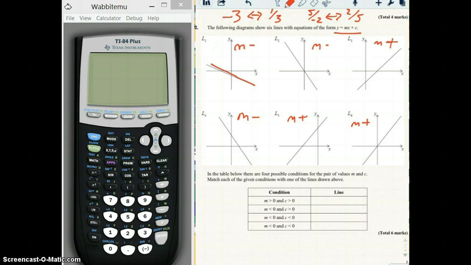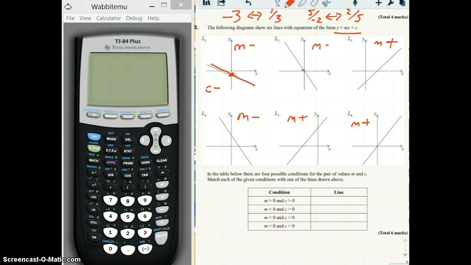Now what about the y-intercept? Is it that easy to see if the y-intercept is negative or positive? Yeah, it seems to be, because look, there's the y-intercept right there. Is that below the x-axis? Yes, so that means the y-intercept is negative. This would probably be like -2 or something. So let's say C is negative. What about here?